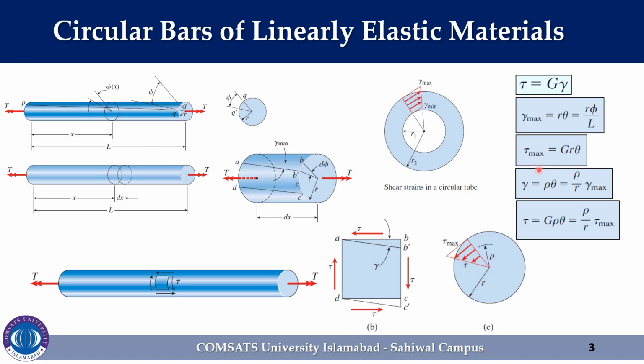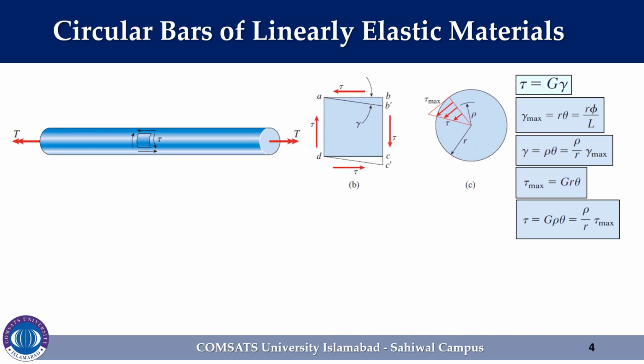So putting tau max over r theta in place of G, the equation becomes tau is equal to rho over r tau max. In these equations, tau max is the shear stress at the outer surface of the bar, tau is the shear stress at the interior point at radius rho, and theta is the rate of twist. In these equations, theta has units of radians per unit of length.